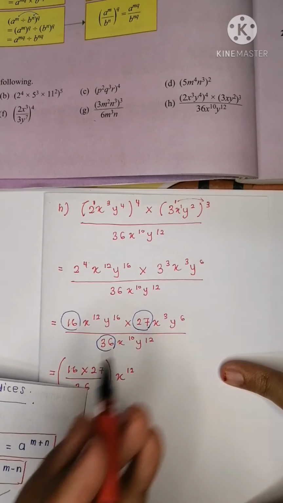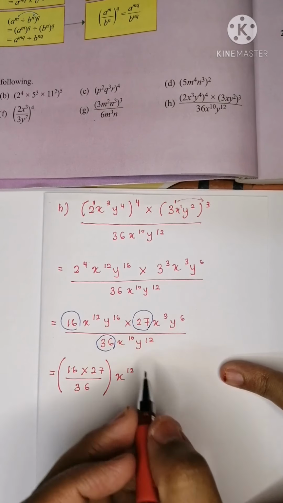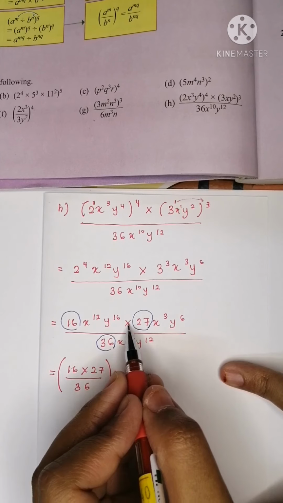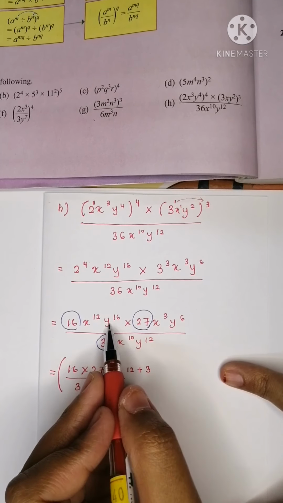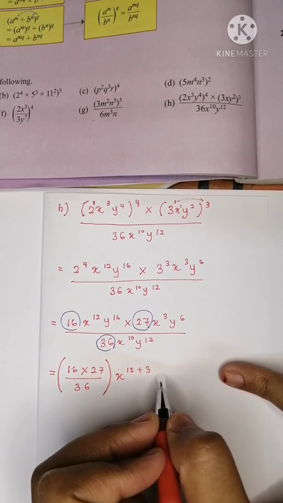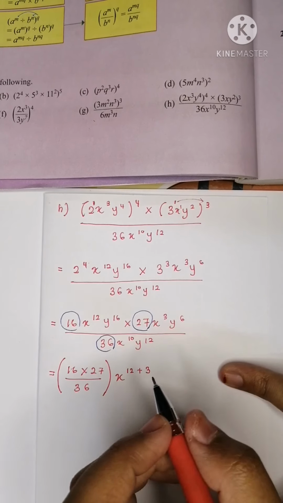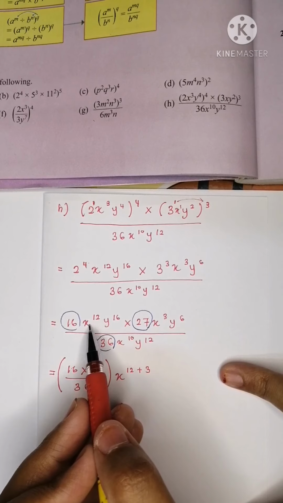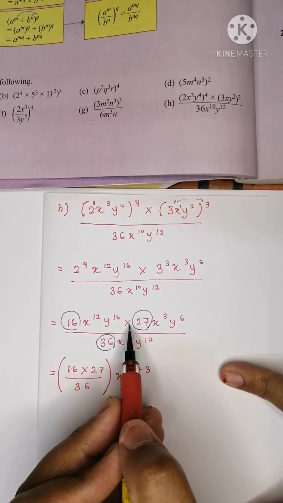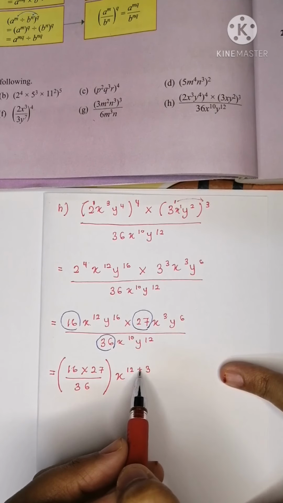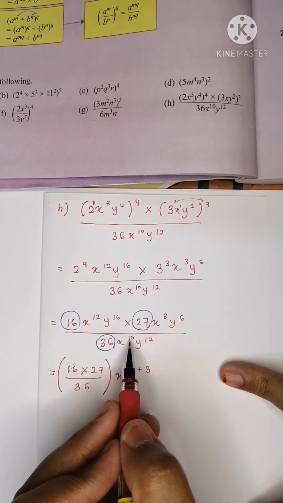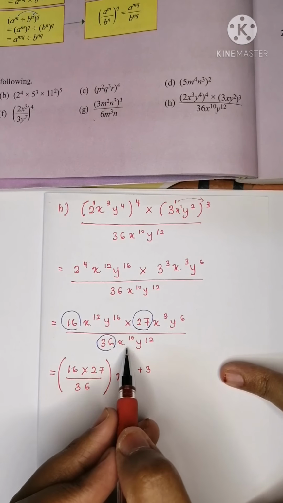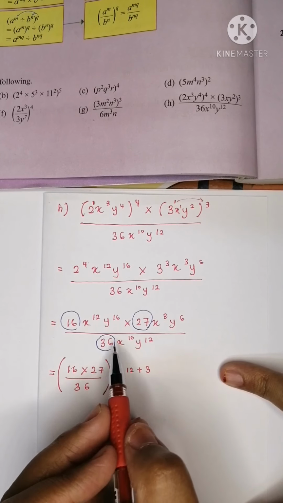So 12 plus 3. Now we forgot about the denominator for x.